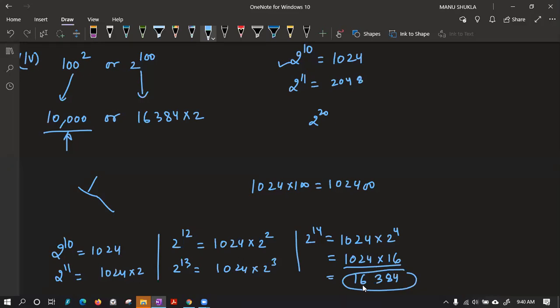We have used 14, so out of 100, how many powers are remaining? 86 are remaining. So we don't need to solve so many powers. By solving 2 power 14 only, we have got 16,384, which is obviously larger than 10,000. So class, do we need to find more? The question was asking which one is larger. We have found that, so we can say this is larger.